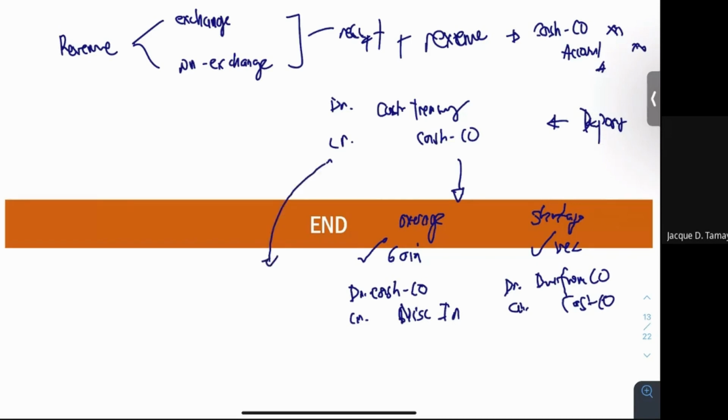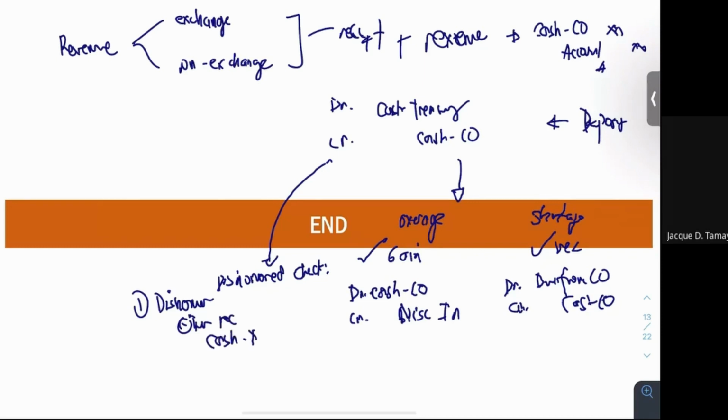Now, the deposit, what if the deposit is a dishonored check? So first, we record the dishonor. To record the dishonor, we debit your other receivables to set up the receivable, and then we credit cash treasury.